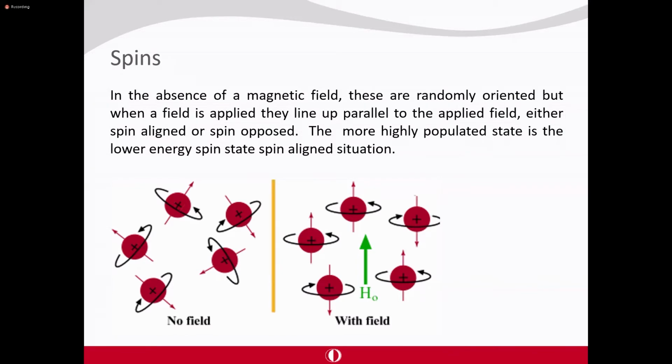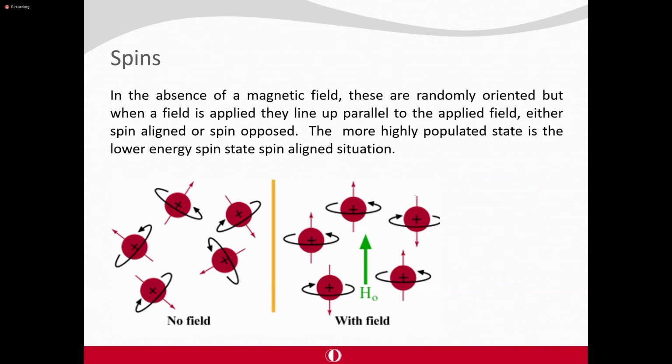So you see here in the slide, the spins are precessing with a certain frequency, and in the absence of a field, they are just randomly precessing. On the other hand, if they have been exposed to a magnetic field, they start to align themselves in parallel or in opposite direction.